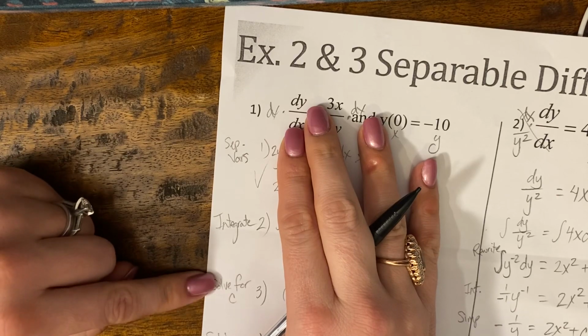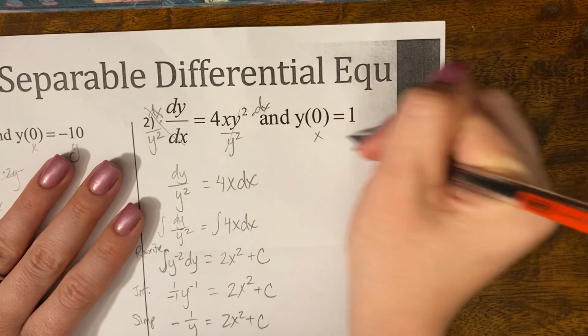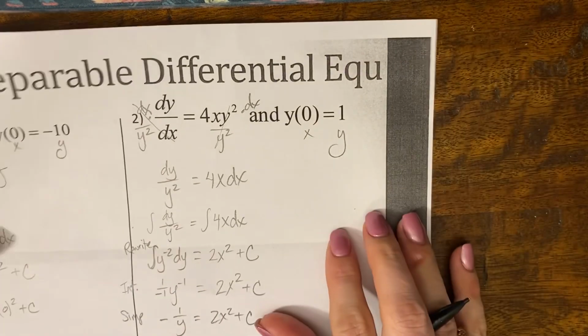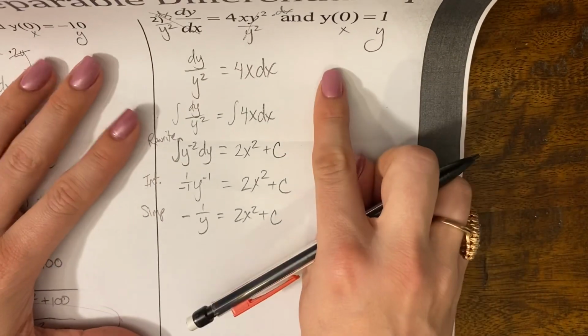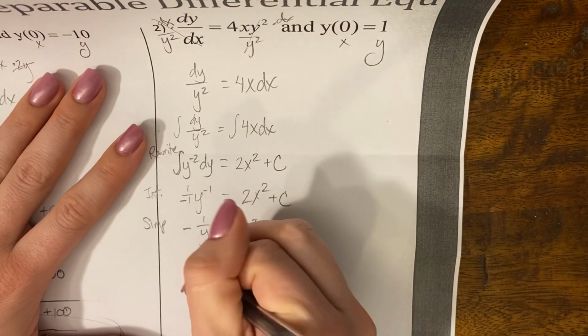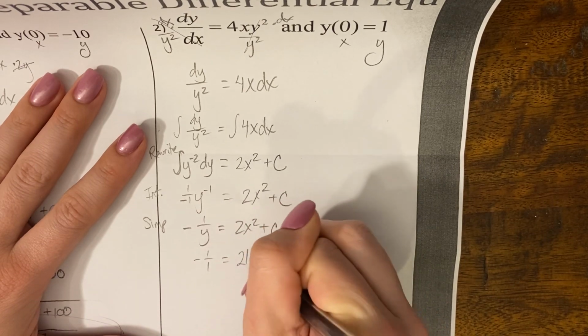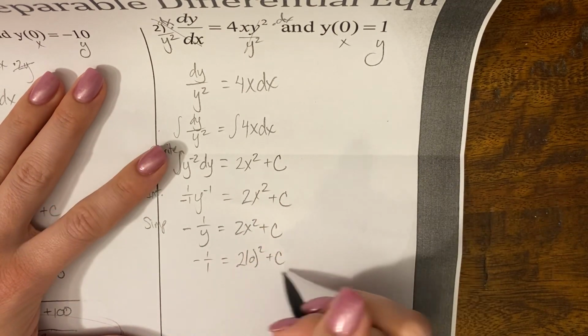Next step is to solve for the c. So let's do that. This is my initial condition. I annotate it. And so I'm going to sub in 0 for x and 1 for y. X isn't always 0, but it has been in these problems. Negative 1 over 1 equals 2 times 0 squared plus c. So c is negative 1.